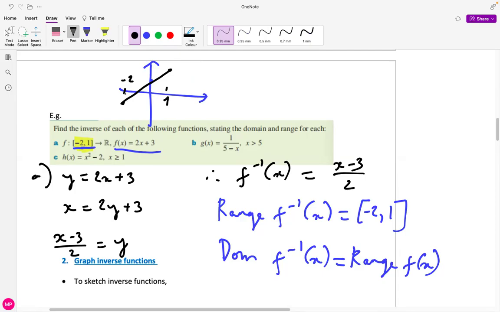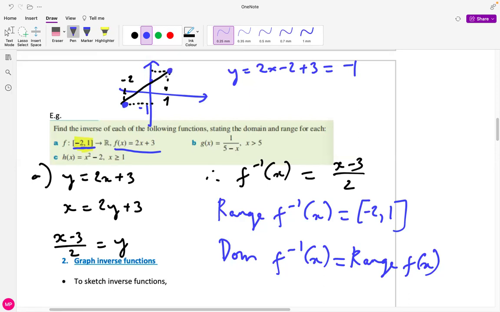So to find the range, you're going to find what the y value is here and what the y value is here. I know that x equals -2 and x equals 1, so all I do is substitute that in. With x equals -2, I have y equals 2 times -2 plus 3. -4 plus 3 is -1. So I know that this will be -1, the y value.